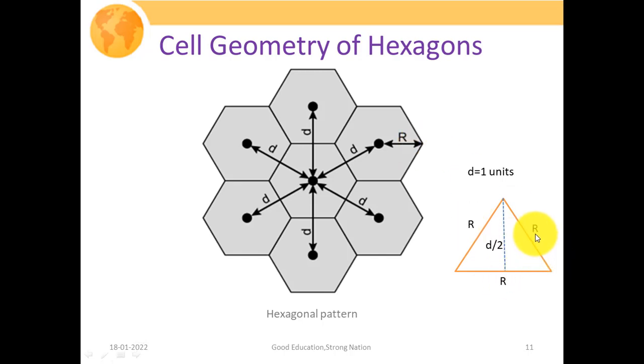So all three sides are equal to r, and we have considered that the distance between any two consecutive centers of your hexagon is d. So this turns out to be d by 2. So all three angles, this angle as well as this angle, all three angles are your 60 degree.